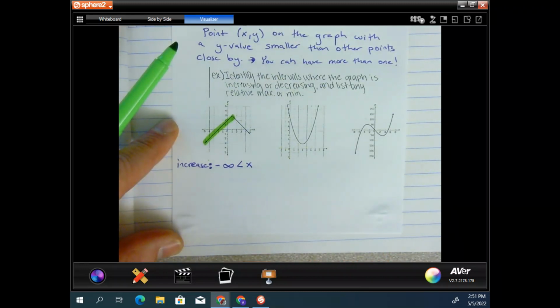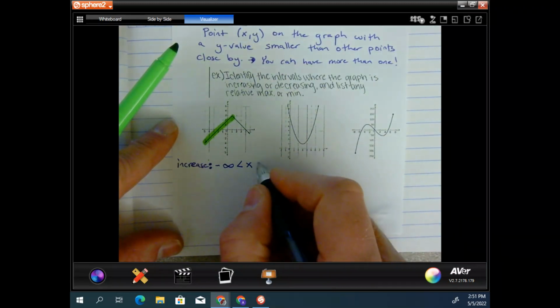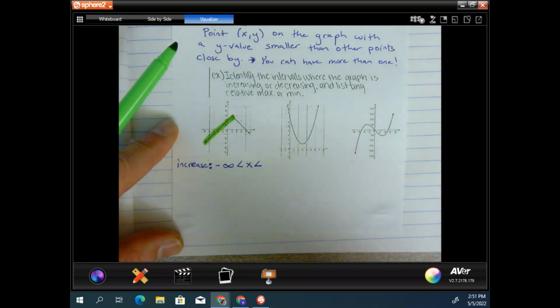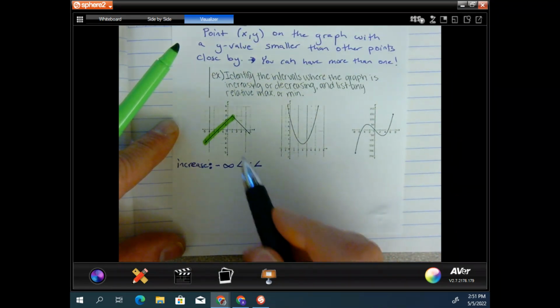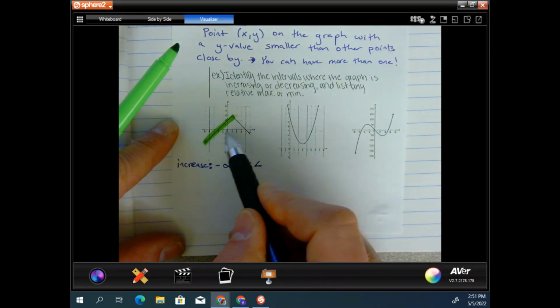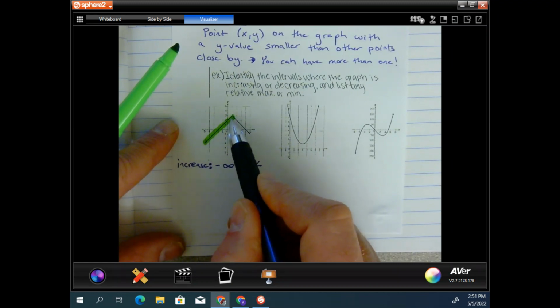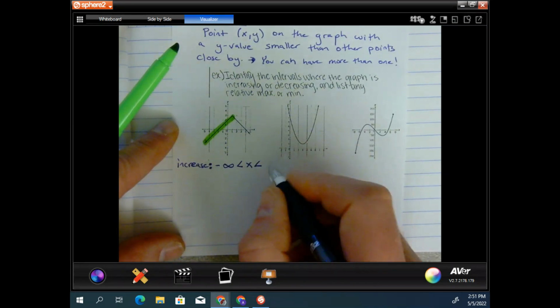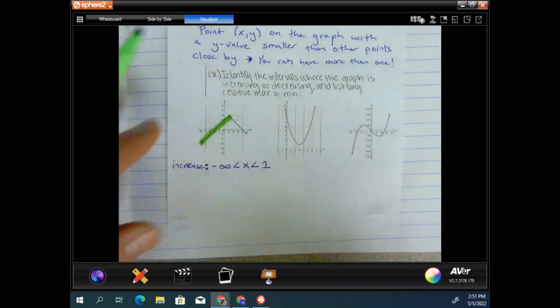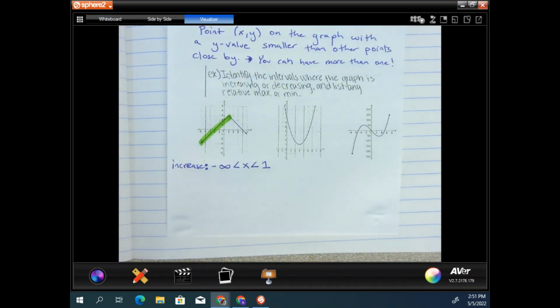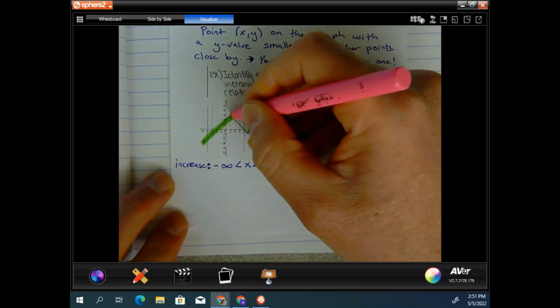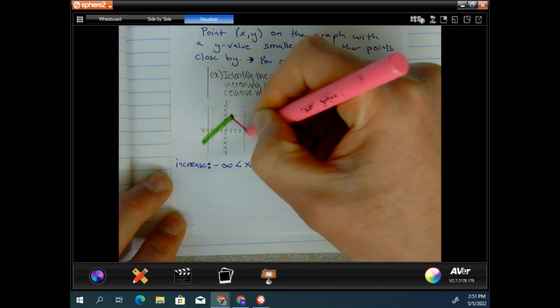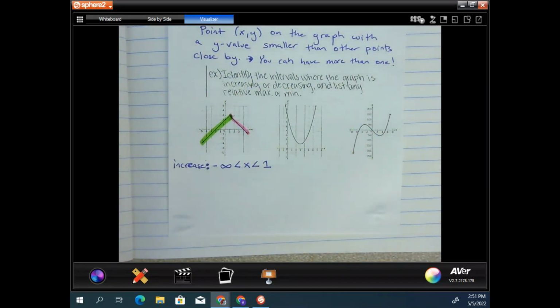And I write this just like I did with domain. It won't be equal to, because those points will not be included. And it keeps increasing until my x value is 1. Then I look at my graph and I see that it starts decreasing, and I'm going to highlight that pink.